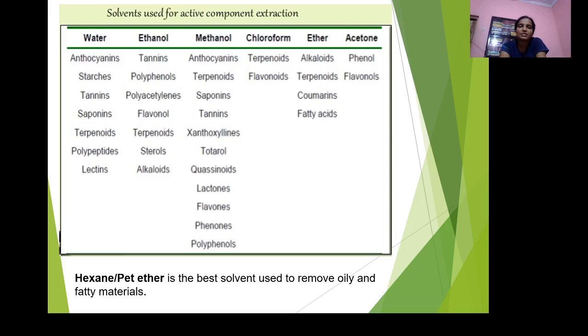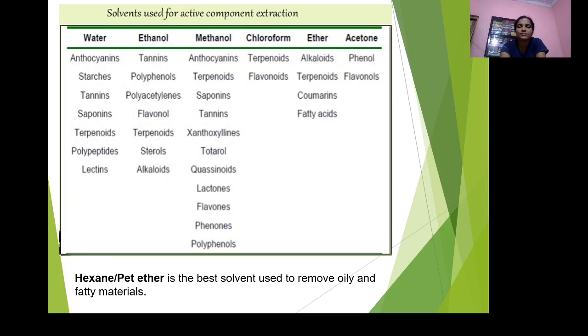Next, this is the chart, and in this chart various solvents are given for active component extraction, in which the first solvent is water. Water is used for extraction of active components such as anthocyanins, starches, tannins, saponins, terpenoids, polypeptides, lecithin. These are the various active constituents extracted using water as a solvent.